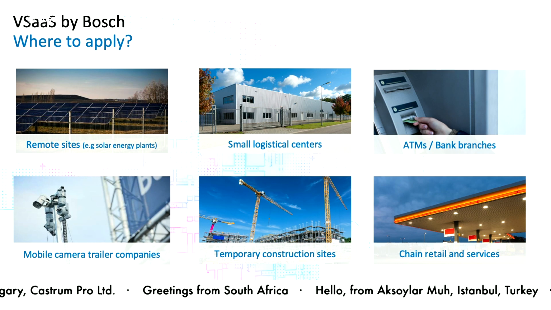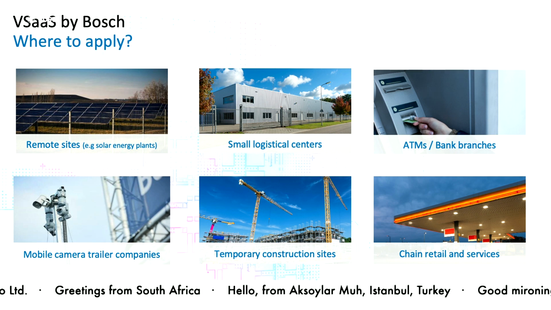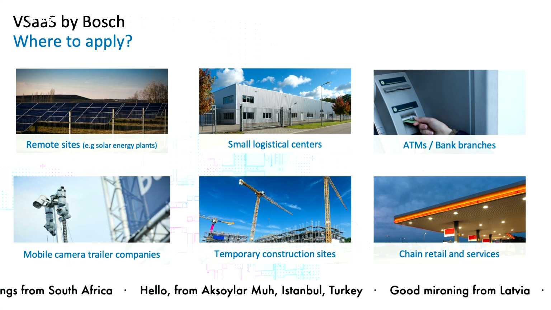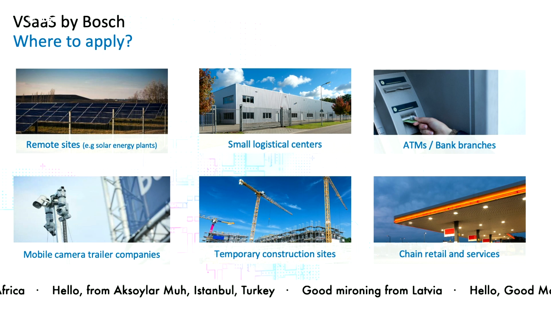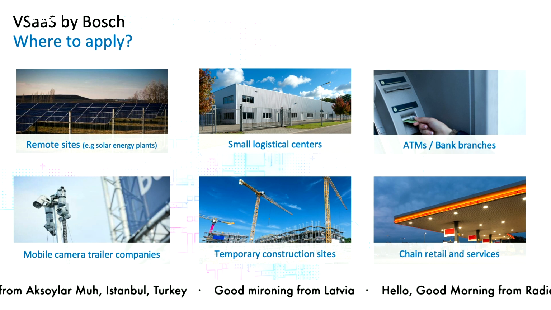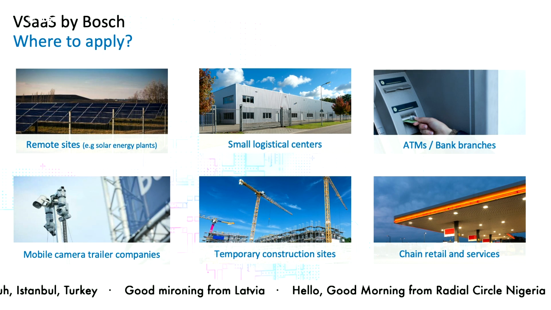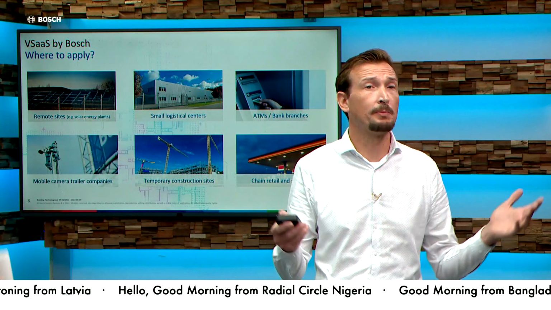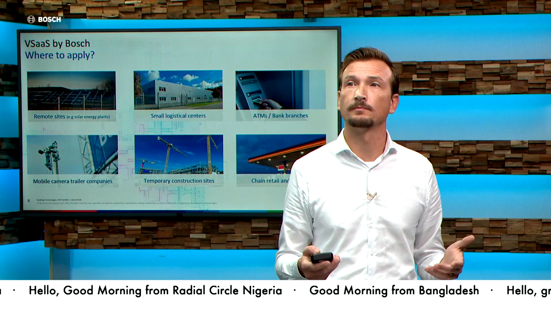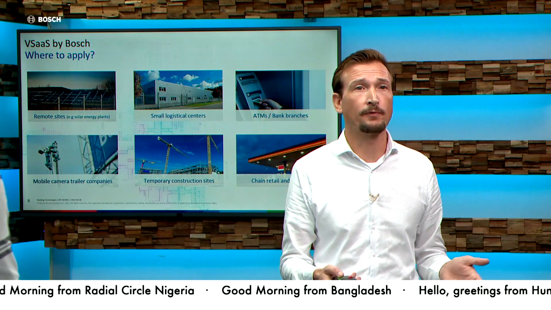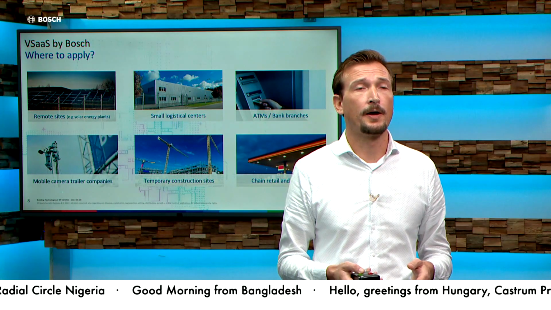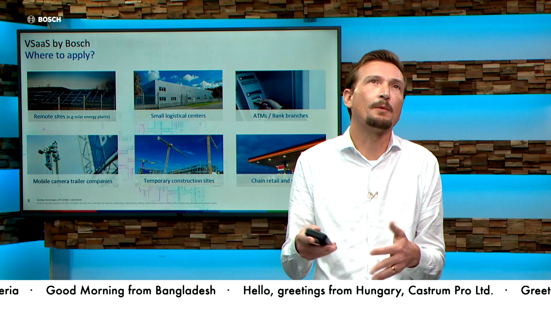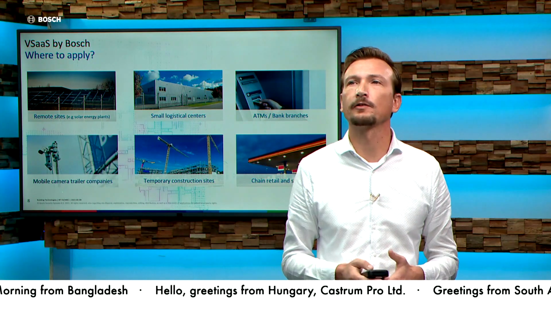Small logistics centers, ATMs distributed in a country, also mobile camera trailers. It's much easier to deploy with VSaaS, because you just come, put your cameras there, connect maybe via 4G, and it's done.